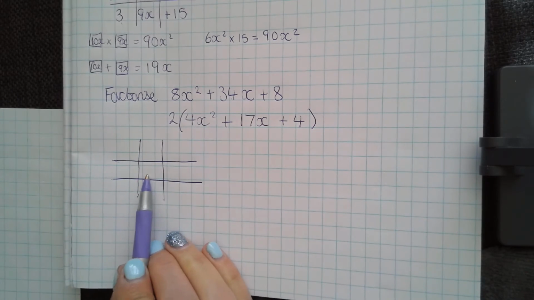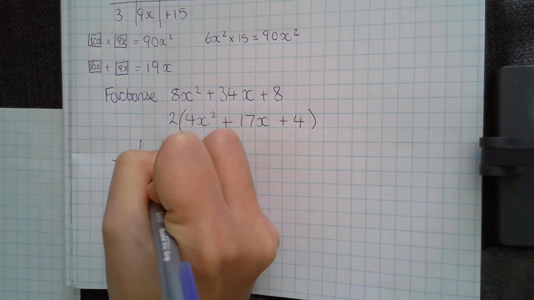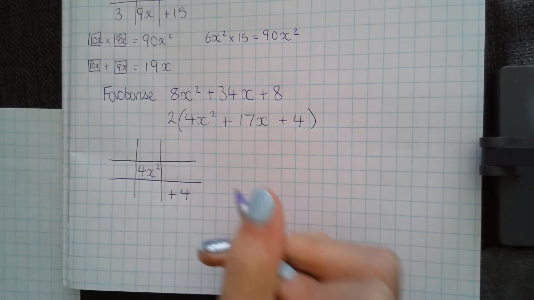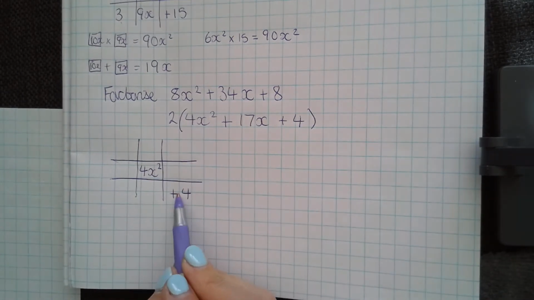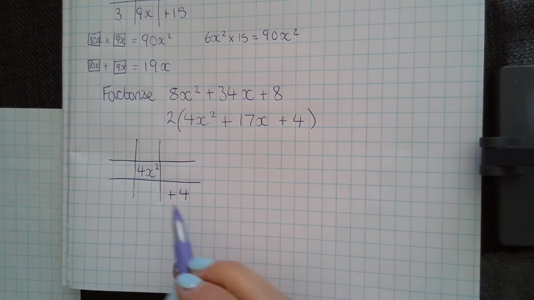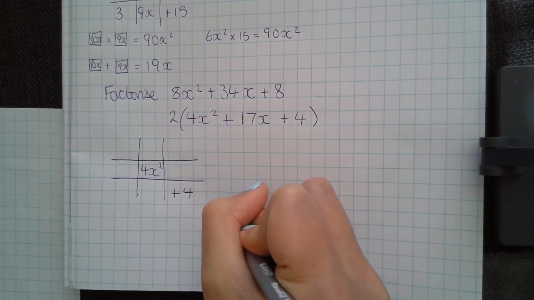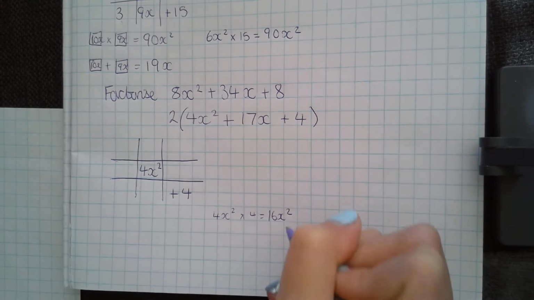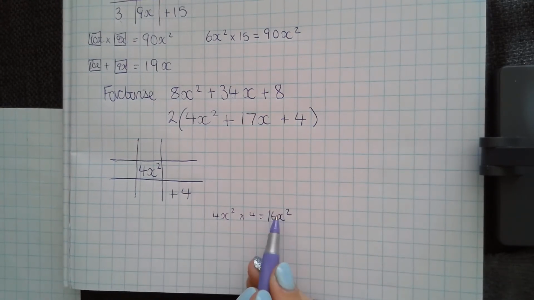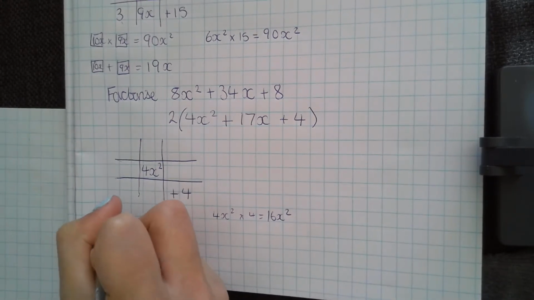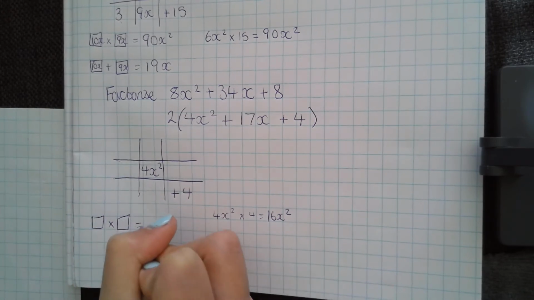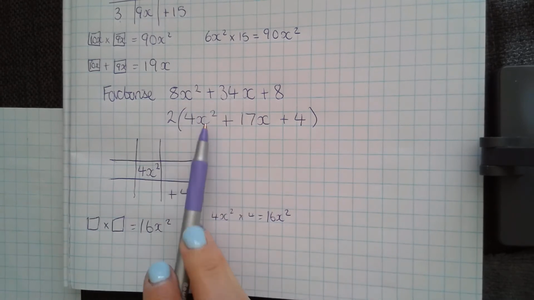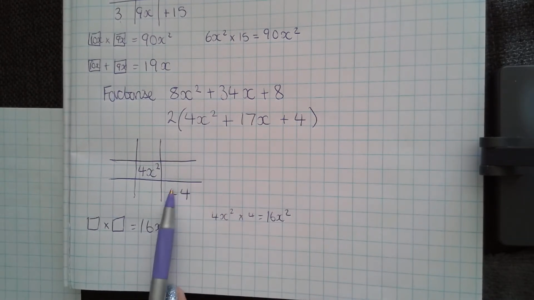The x squared term always goes in this box, so we've got 4x squared plus 4. That diagonal times together is the same as that diagonal times together. So 4x squared times 4 is 16x squared. So those two need to also times to make 16x squared. We've used the 4x squared, we've used the plus 4.